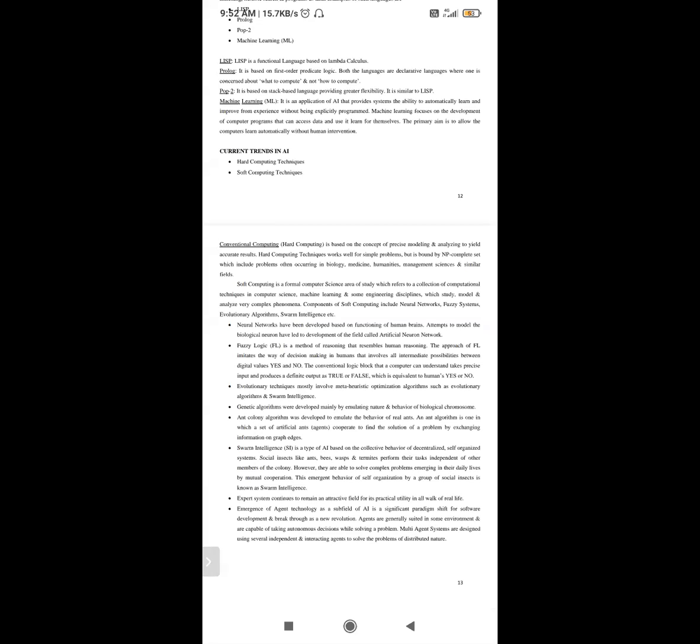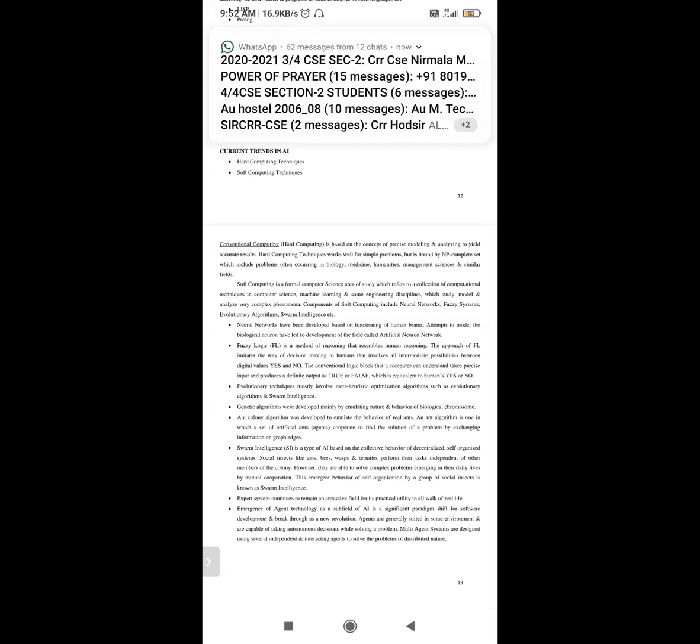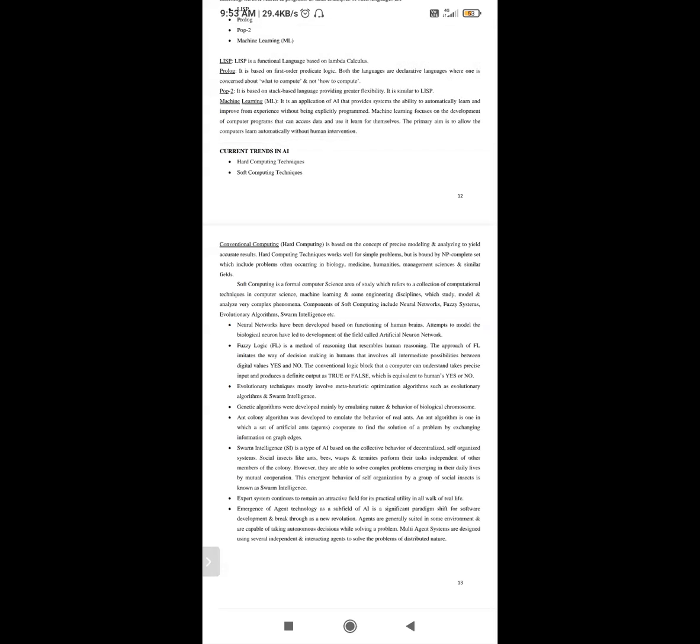Just like ants, bees, wasps, and termites perform their tasks independently of other members of the colony, however, they are able to solve the complex problems emerging in their daily lives by cooperating with one another.